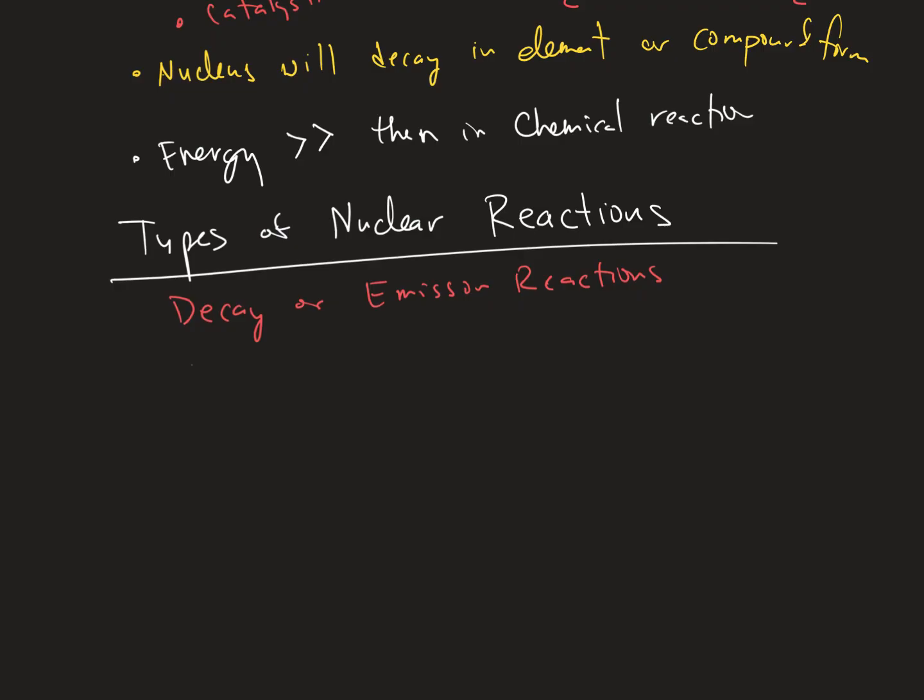The different ones are alpha emission, and we'll go into each one a little bit deeper, and beta emission. Why do we call them alpha and beta? First two letters of the Greek alphabet. And positron emission. What the heck is a positron? We'll get there.